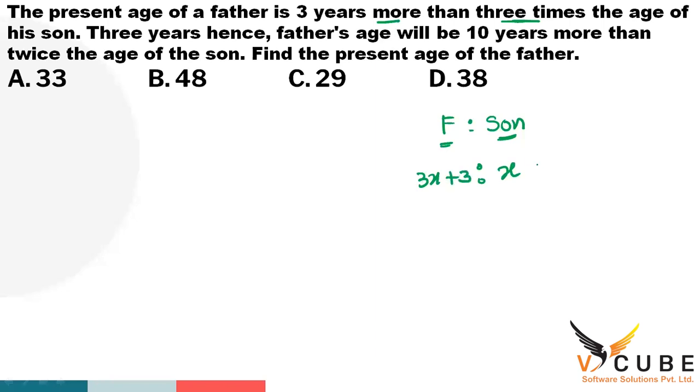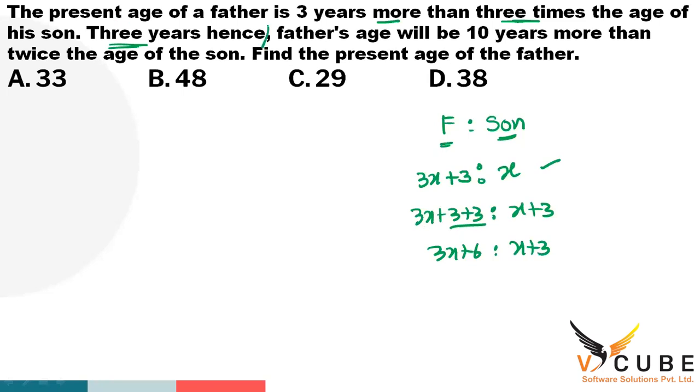It is a formation, guys. Read the next statement. 3 years hence. Hence means plus. So x plus 3. 3 plus 3, 6. So 3x plus 6 is to x plus 3.